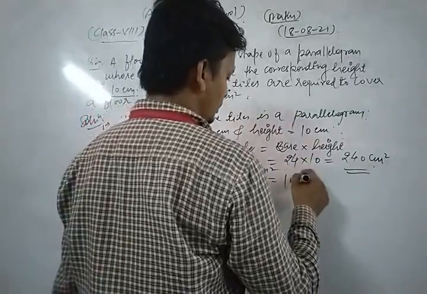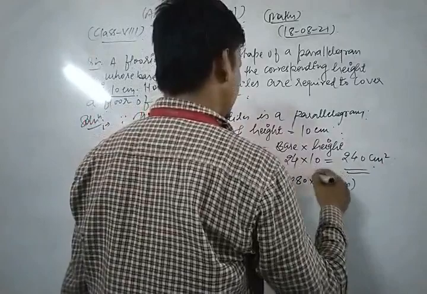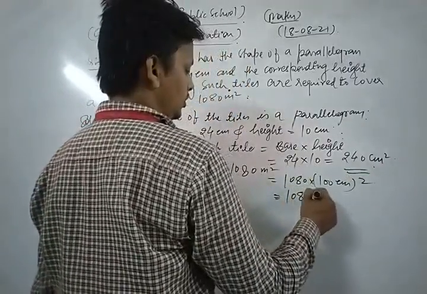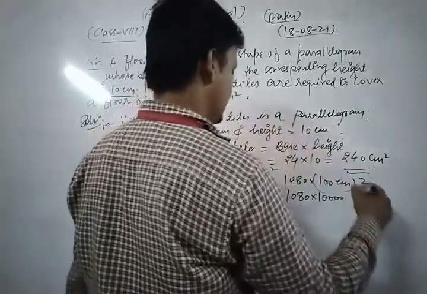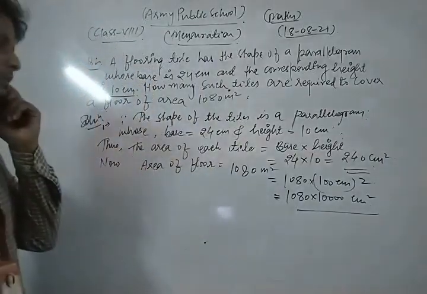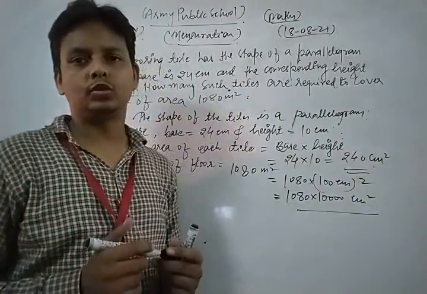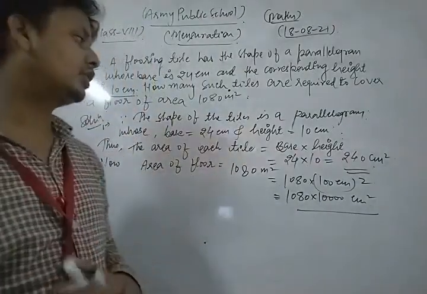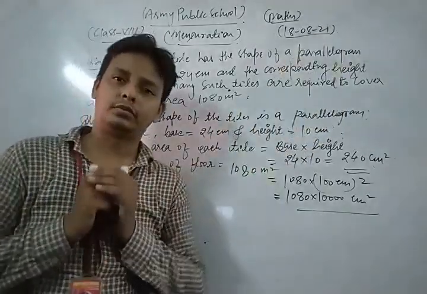So 1080 into 100 into 100 centimeter square, meaning 10,000 centimeter square. So 1080 into 10,000 centimeter square is the area of the floor.